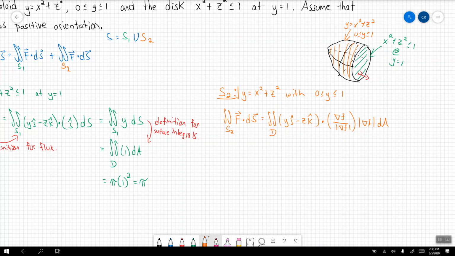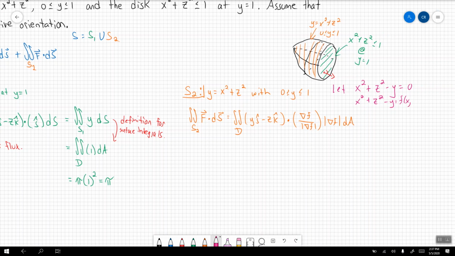So what I'm going to do here is say let x squared plus z squared minus y equal 0, and in turn this is going to be x squared plus z squared minus y, which is going to be this function f of x, y, z.